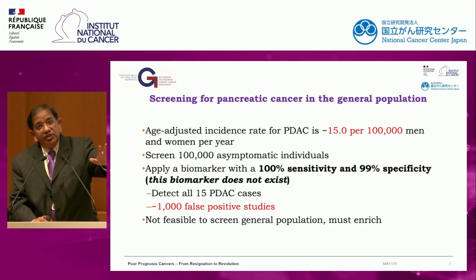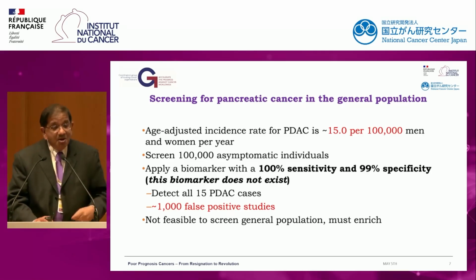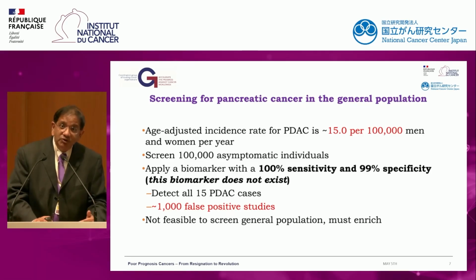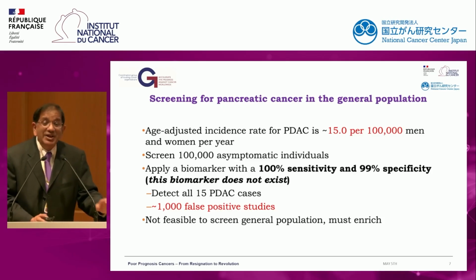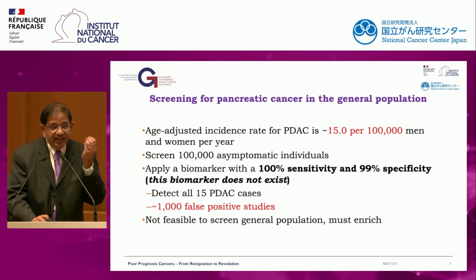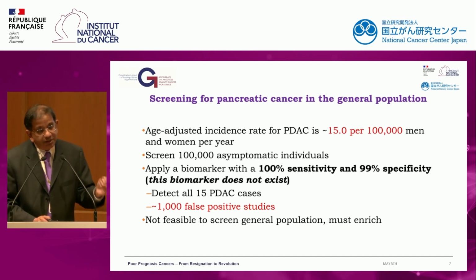If you apply that to the general population with a 15 per 100,000 incidence, you're going to detect all 15 cases of pancreas cancer because it's 100% sensitive, but you also find 1,000 false positives, even with that 99% specificity. So it's not feasible to screen the general population, again, within the constraints of the healthcare system in the United States. So we have to enrich. Again, I keep coming back to that word. It really is a theme in my talk: enrichment.